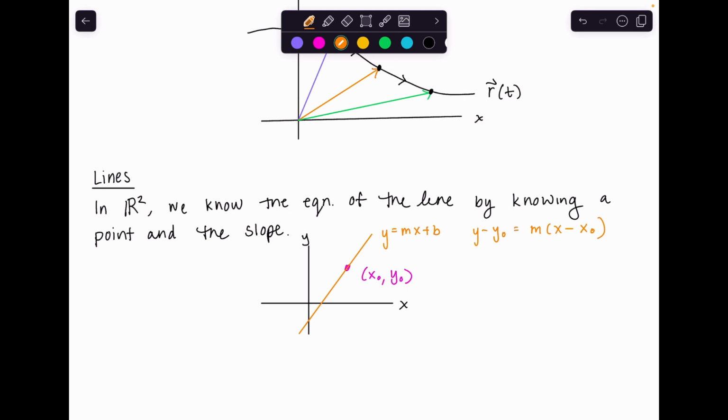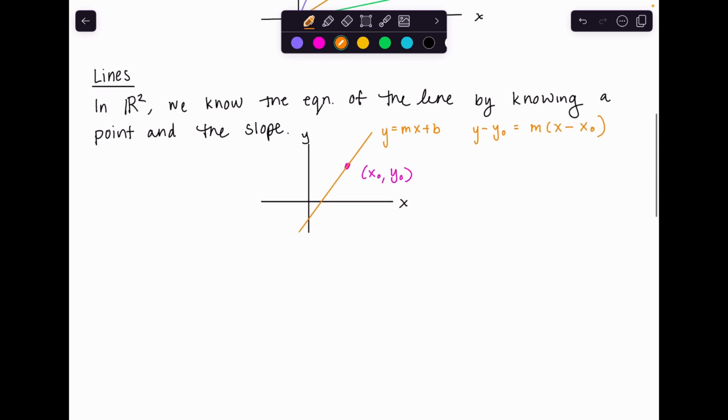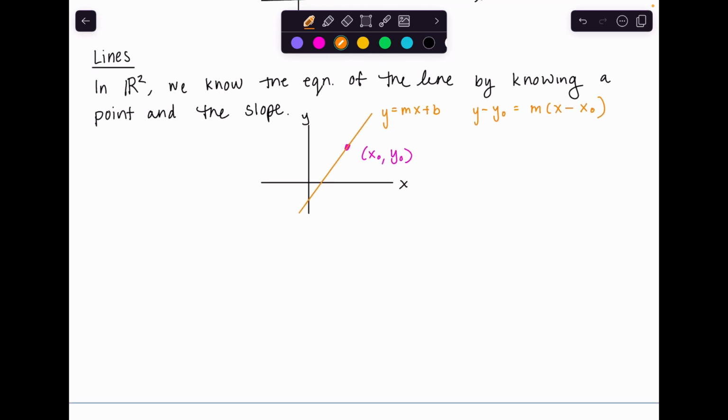So this is going to have a very natural extension, because if we're working in 3 dimensions, I really just need to know the same thing. I need to know a point that the line passes through, and I need to know which direction it's headed. Here, you technically only had 2 directions. You needed to know the rise and the run. So in 3 dimensions, I basically need to know what's happening in each component instead.